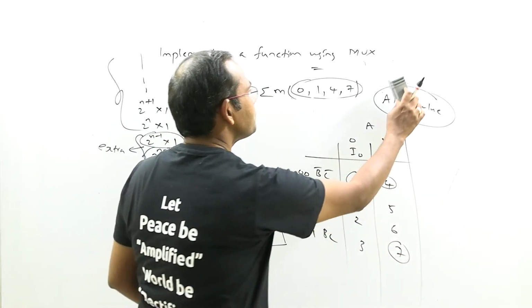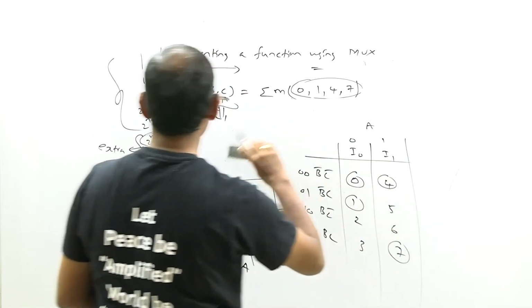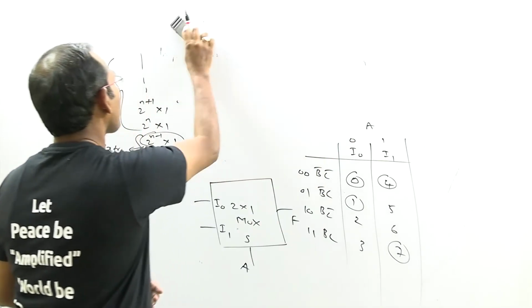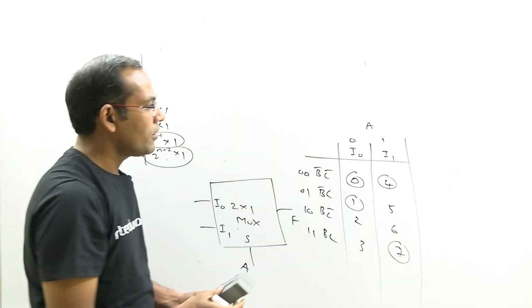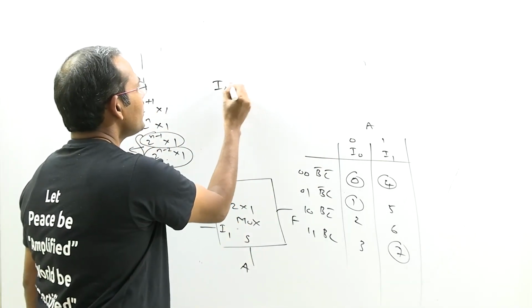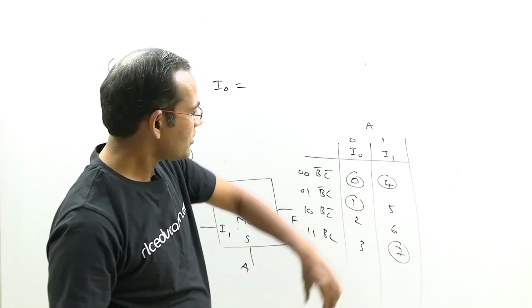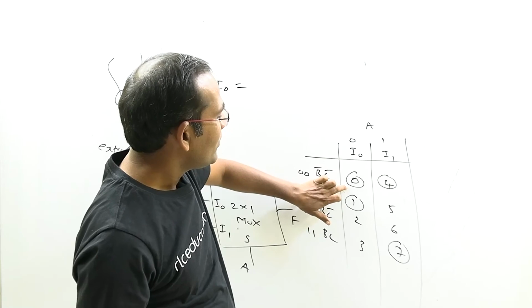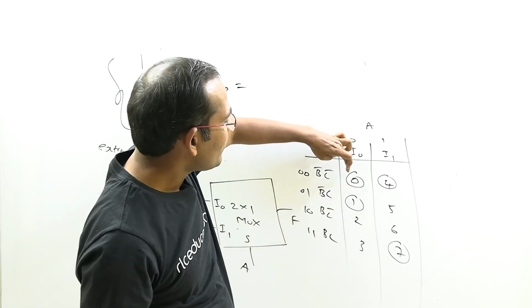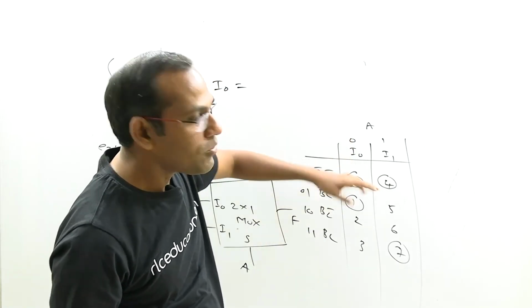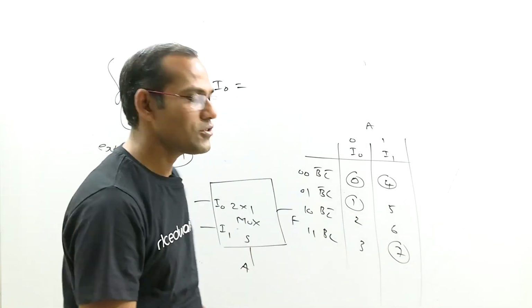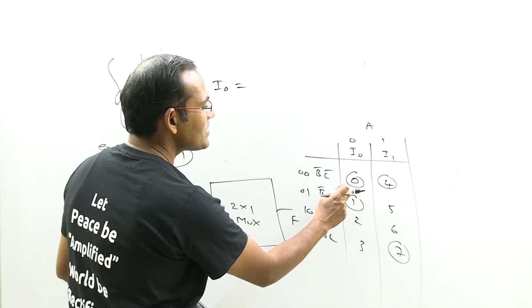So here I0 is equal to, just observe this column, two circles are there. Whenever one circle is there, take that term. If one more circle is there, take the term also. Just add all those terms. So here this term is circled.